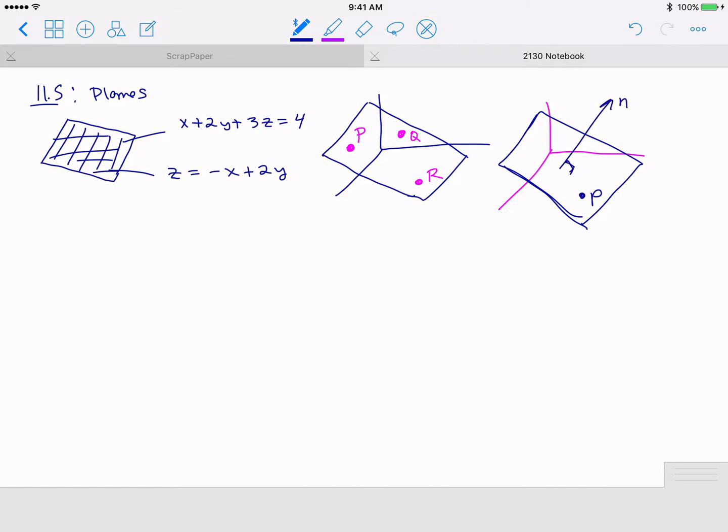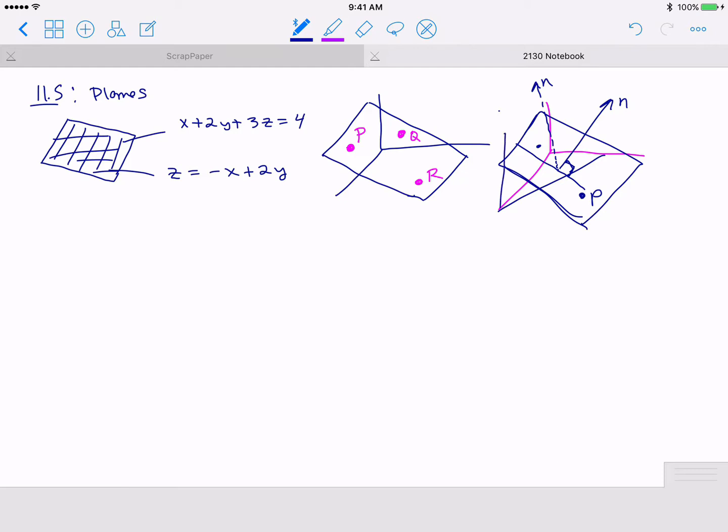vector n. So this normal vector is really what makes a plane, and what makes a plane change its shape or change its direction and angle. So if you were to change the normal vector and keep the point P over here, this plane would actually change its shape.